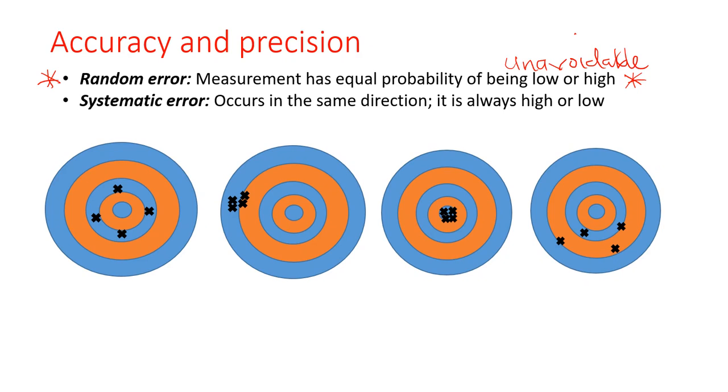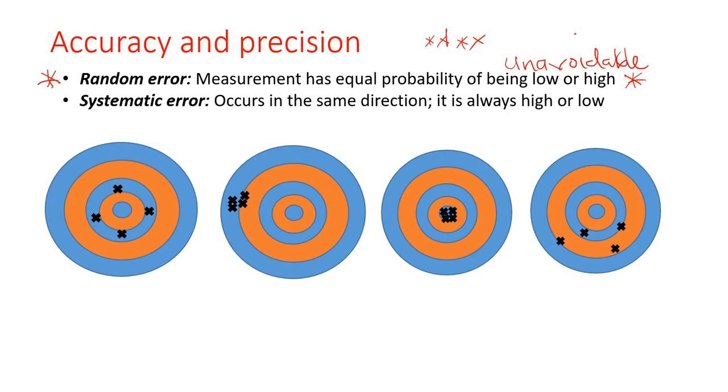If you make a measurement, a random error goes both sides. Like if my measurement is here, this is my point measurement, a random error will show some values this side, some values this side. So measurement has equal probability of being low or high. Then we have systematic error.